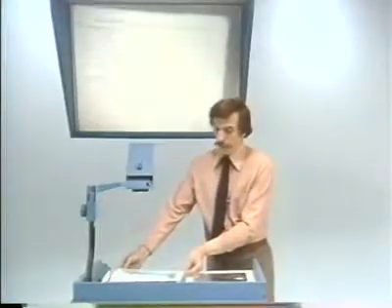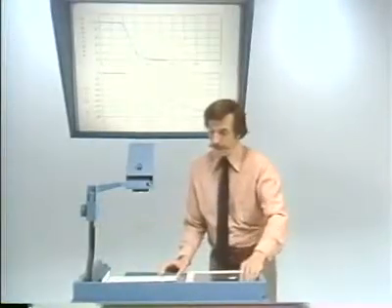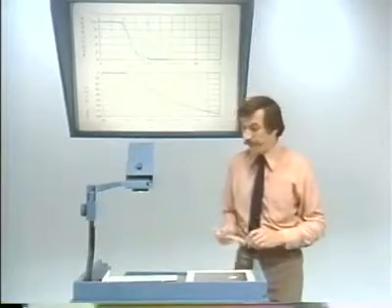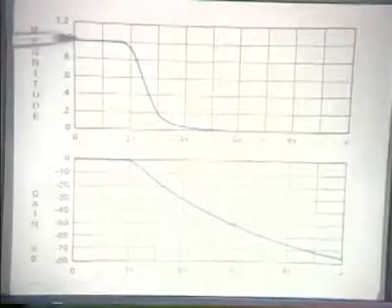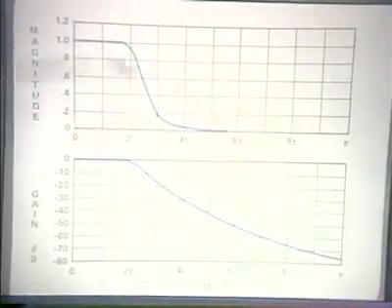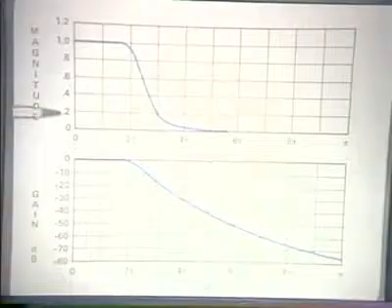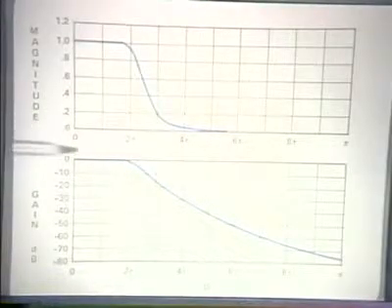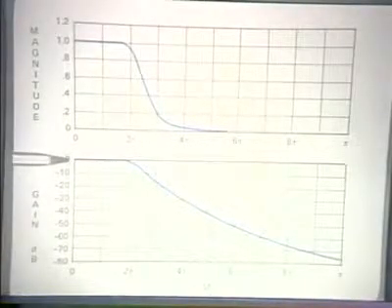So if in fact we did that, then the resulting frequency response that we would get is what I've indicated here. I indicated it first on a linear magnitude scale, and second on a logarithmic scale.